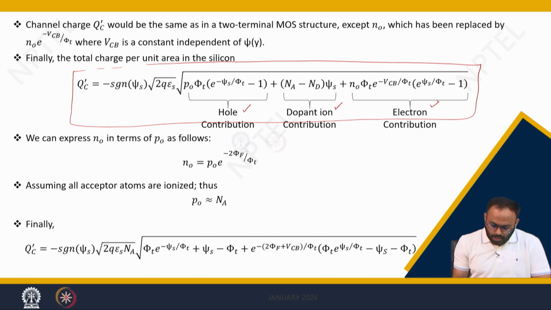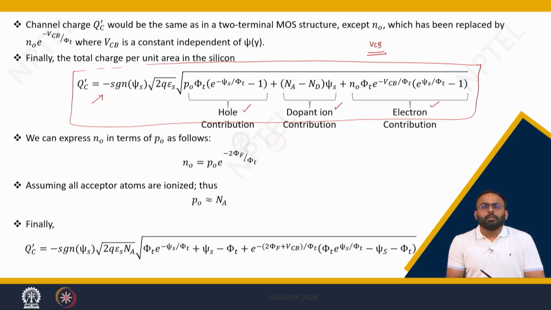We will derive this equation for the 3-terminal MOS structure as well, where interestingly it is to be noted that the V_CB term, which is the contact to body terminal voltage, is only introduced by the electron contribution. There is no V_CB term in the hole contribution and the immobile ion contribution.